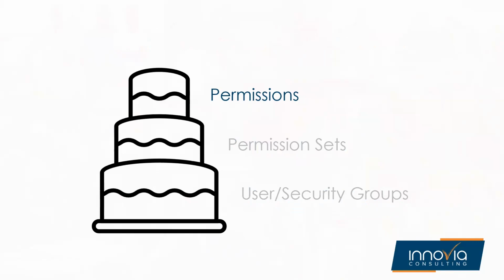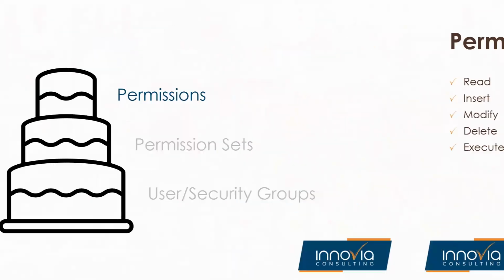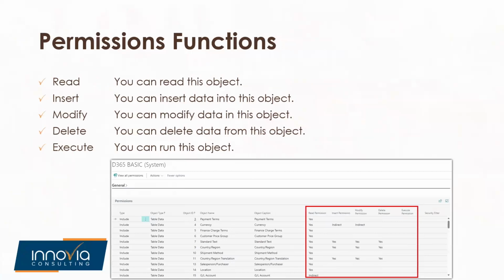So we will start our conversation with permissions. Like Don said, permissions apply at the base object level. They're grouped and applied in these permission sets, and how they apply is read, insert, modify, delete, and execute. It's very similar to, if you're familiar with it, CRUD access, where it's create, read, update, delete.